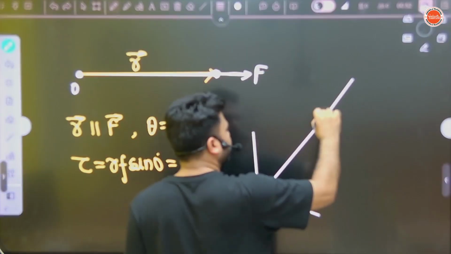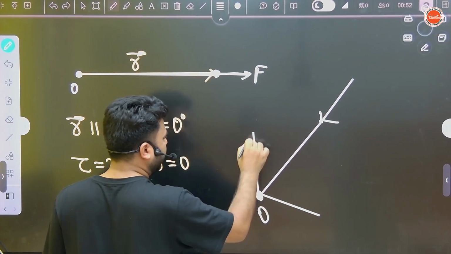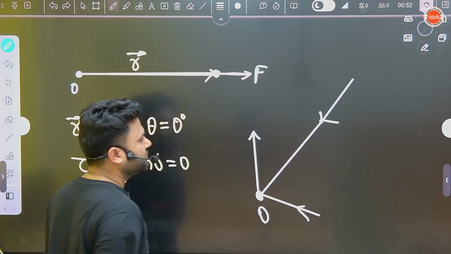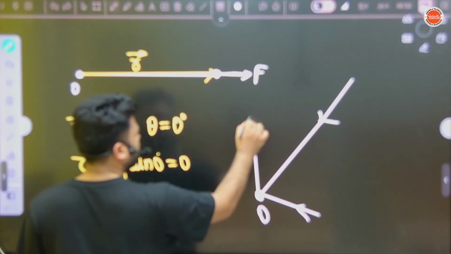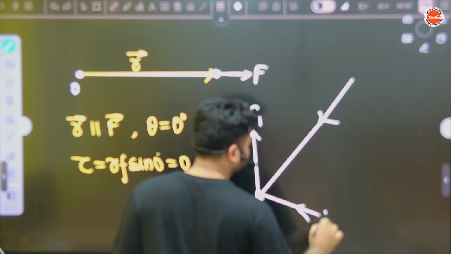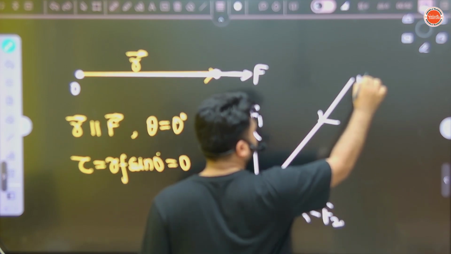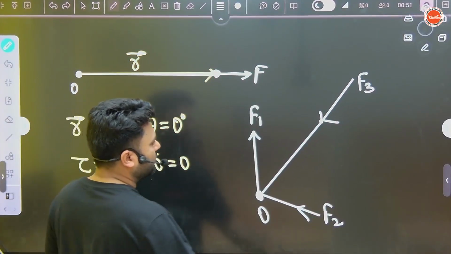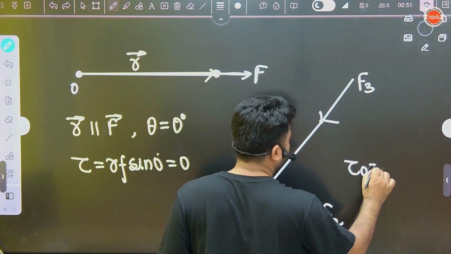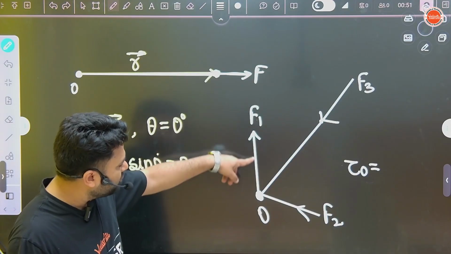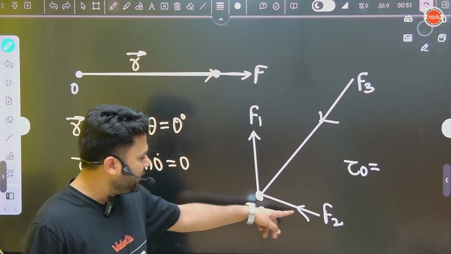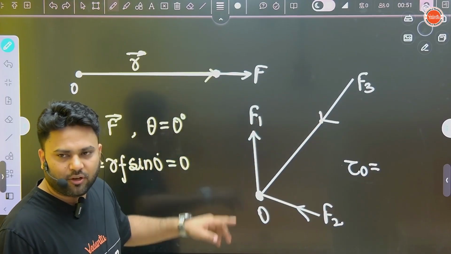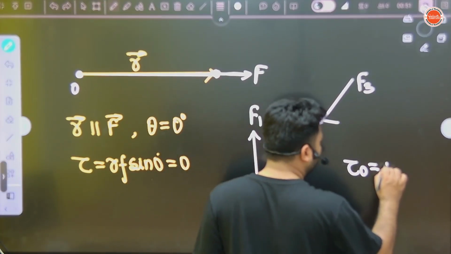You have applied one force here, one force here, and one force here. F1, F2, F3. They will ask what will the torque about O. So see, all these forces, F1 is also passing through center of rotation, F2 is also passing through center of rotation, and F3 is also passing through center of rotation. So there will be no torque.